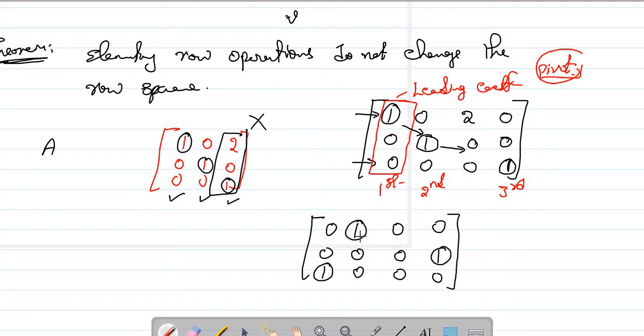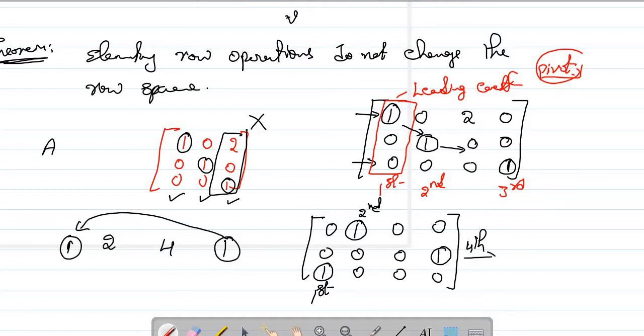But if you look at the order, for the first row the pivot element is at the second position, for the second row it is at the fourth position, whereas for the third row it is at the first position. This should go in increasing order, but here you get 2, then 4, then 1. No, this is not allowed.